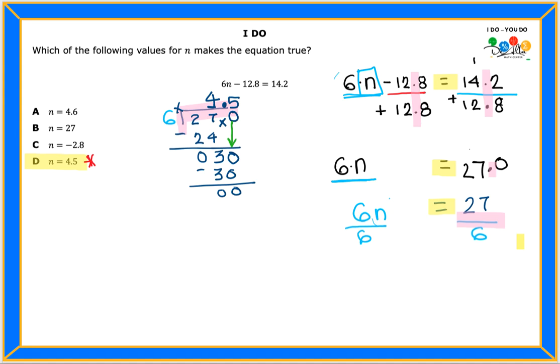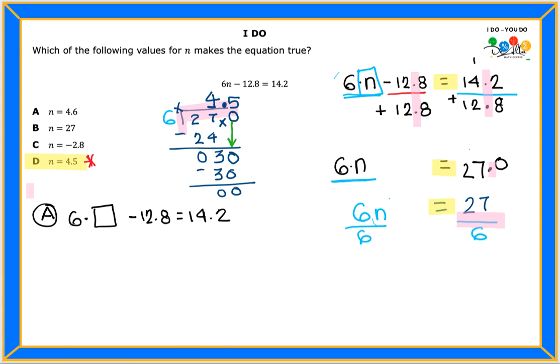What can be the other way if we have multiple choices? Well, it could be by doing substitution. We're going to do just one example so we can see how it works. Example A, we copy our equation 6 times n, and for n, I'm going to put an empty box. It says minus 12.8 equals 14.2.